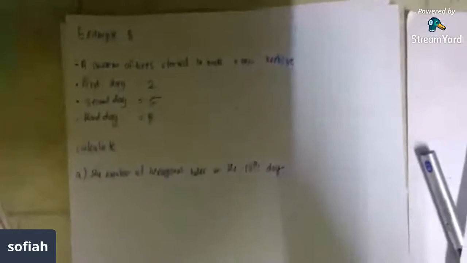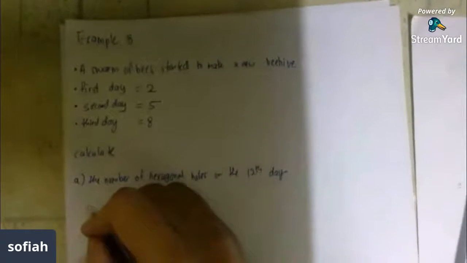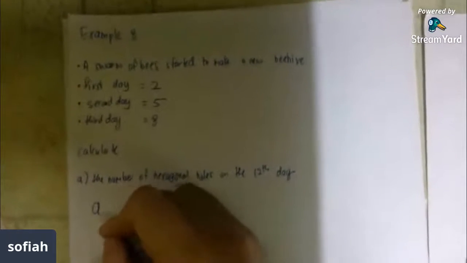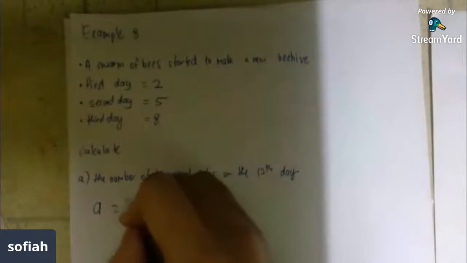Firstly, we need to extract the important information from these sentences. On the second sentence, it says that 2 hexagonal holes were made on the first day. It means that the value of the first term, which we can represent as A, equals 2. Because on the first day, the bees make 2 hexagonal holes.